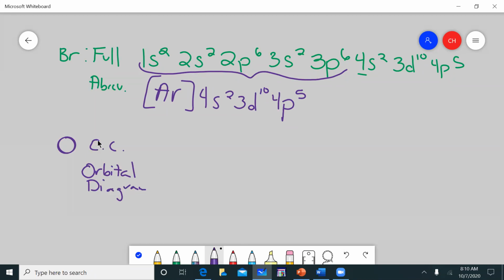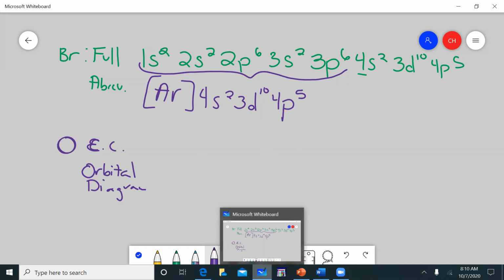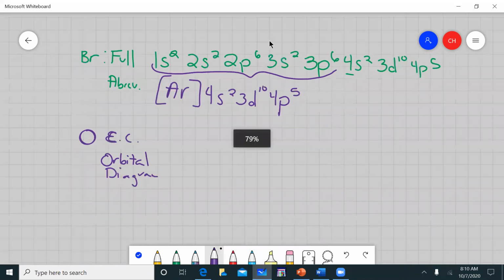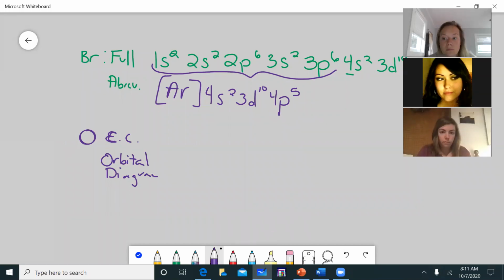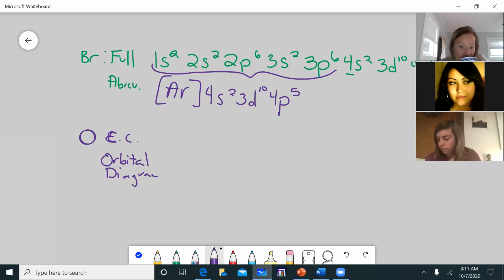So it's just taking the electron configuration and representing it with the boxes and the arrows. So I'll give you all 2 minutes to do that. And if you have any questions while you're working on it, just unmute and let me know.